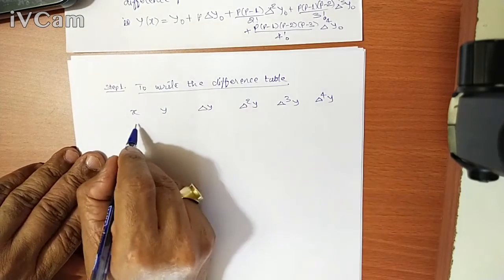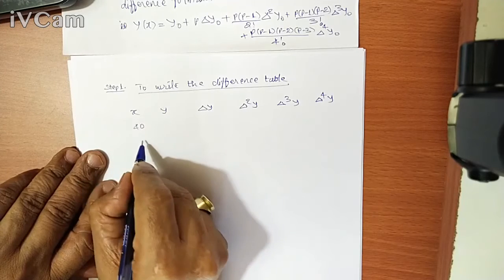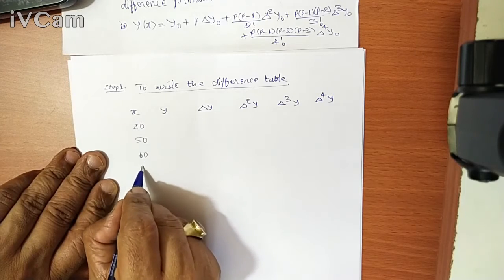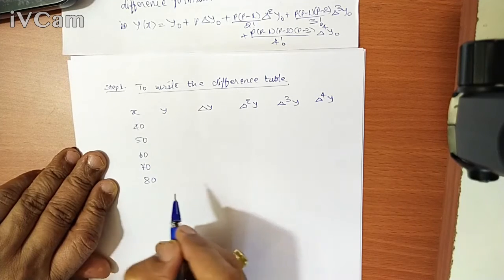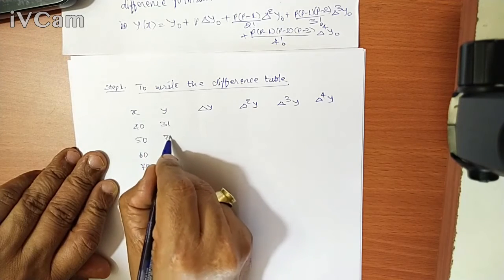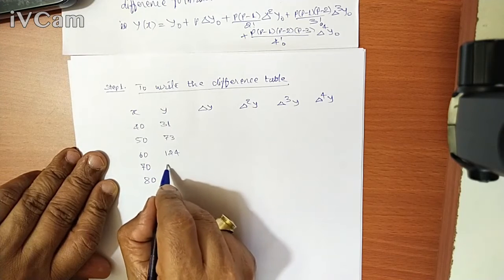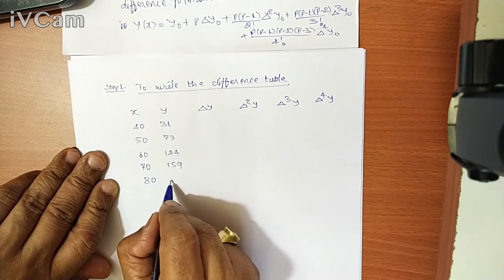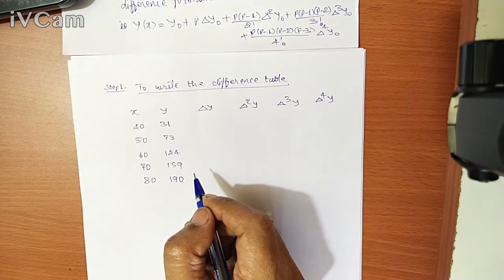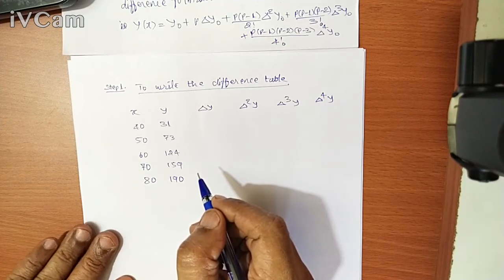Now I'll write the values. x starts with 40, then 50, 60, 70, 80. The values of y are 31, 73, 124, 159, then 190. Sorry, I have to find the forward difference table.